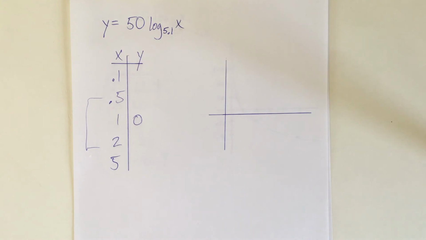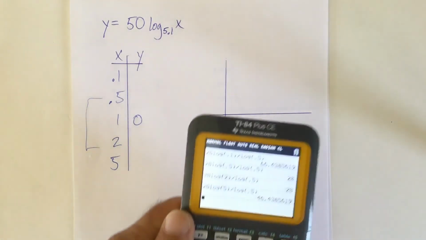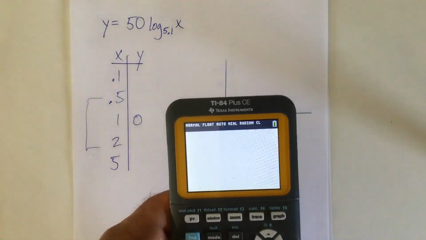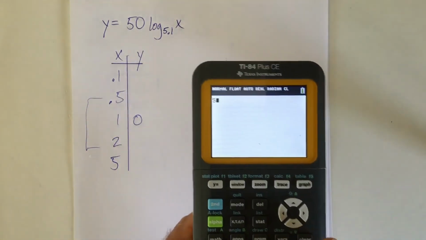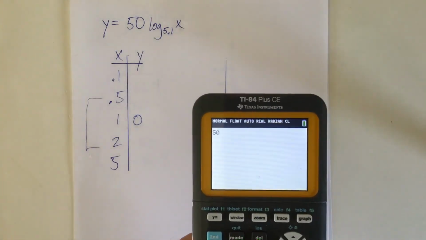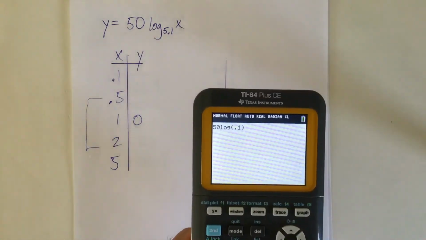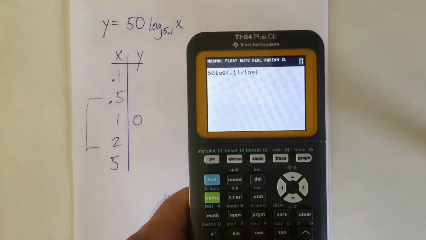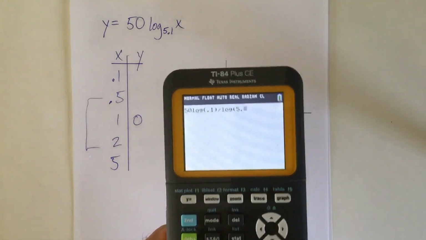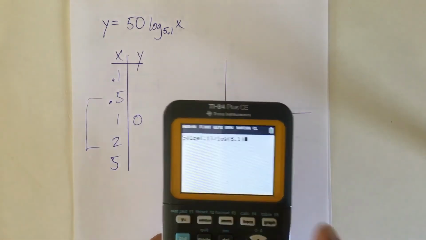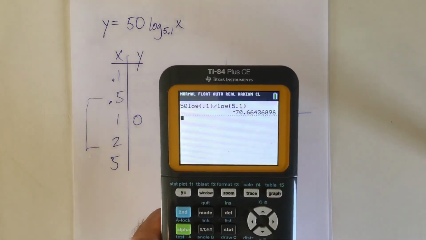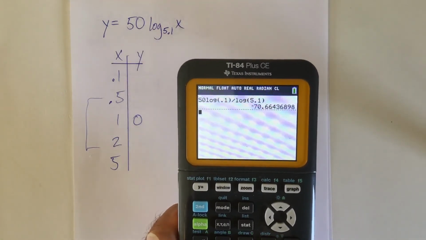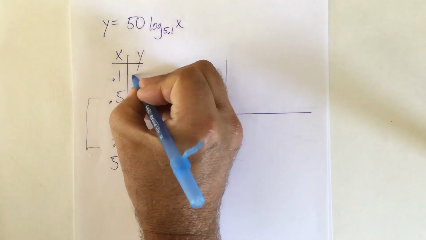So here we go. I'm going to say 50 times log of 0.1 divided by log of 5.1, because I have to trick my calculator into that base. I get negative 70.7 if I round it off.